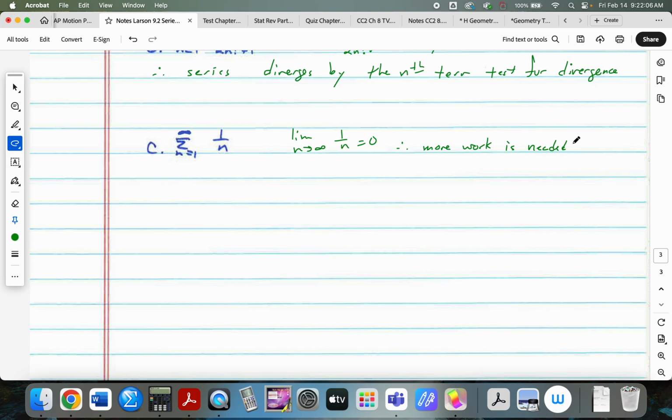We could try and do the sequence of partial sums. The first sum would be 1. The second sum would be 1 plus a half, so that would be 3 halves. The next sum would be 3 halves plus a third, which is, if I add a third to that, 11 sixths.